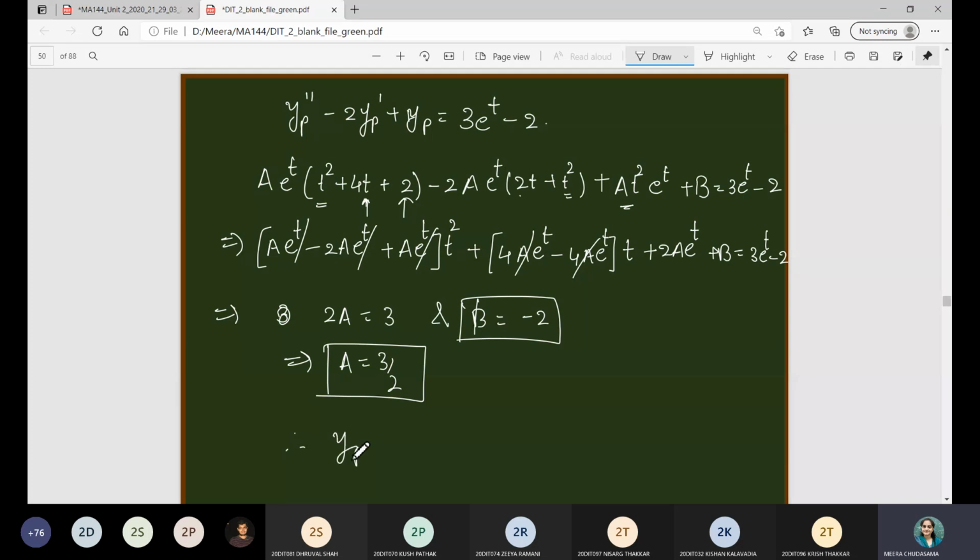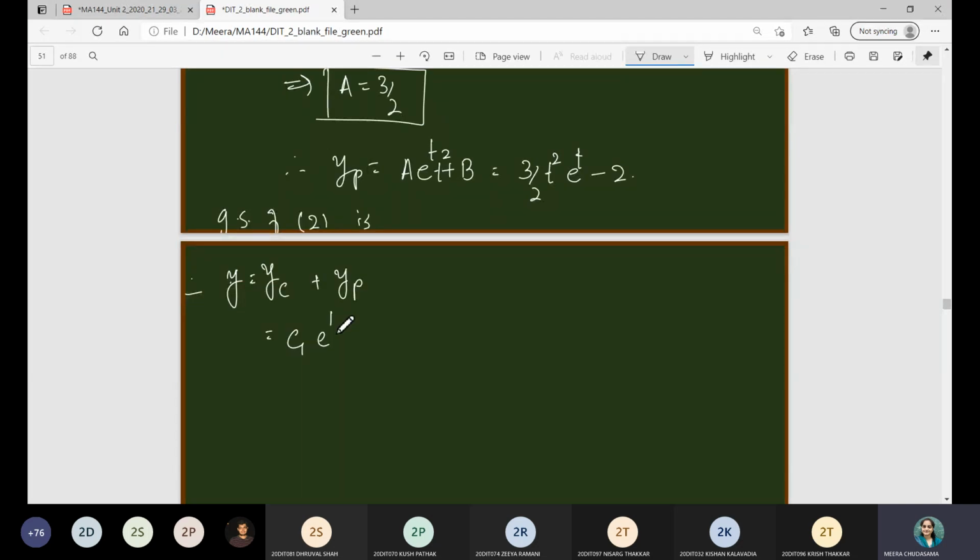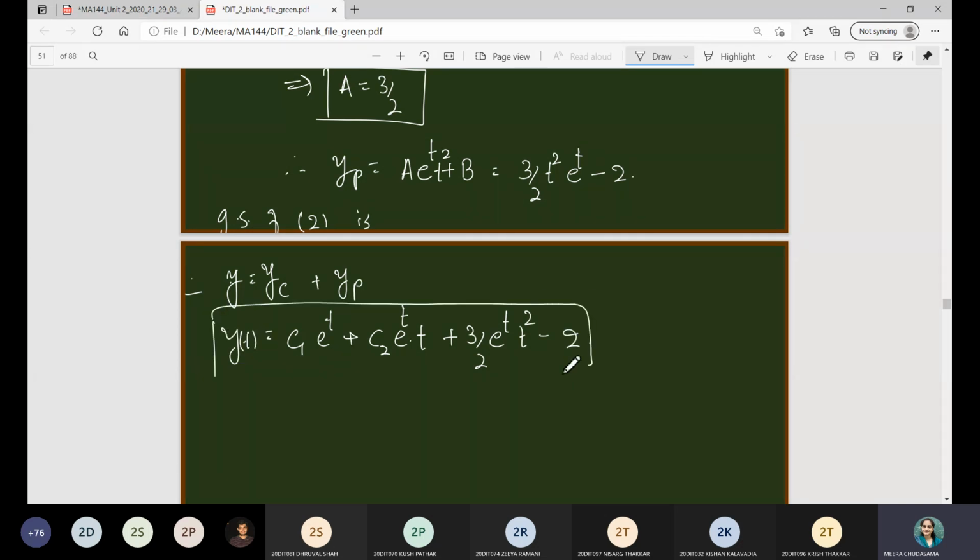So therefore yp, which is a e raised to t plus b with t square, will become 3 by 2 t square e raised to t minus 2. So therefore yc, general solution of 2 is y is equal to yc plus yp, that is c1 e raised to t plus c2 e raised to t into t plus yp, which is 3 by 2 e raised to t square minus 2. So this is the answer of 2.